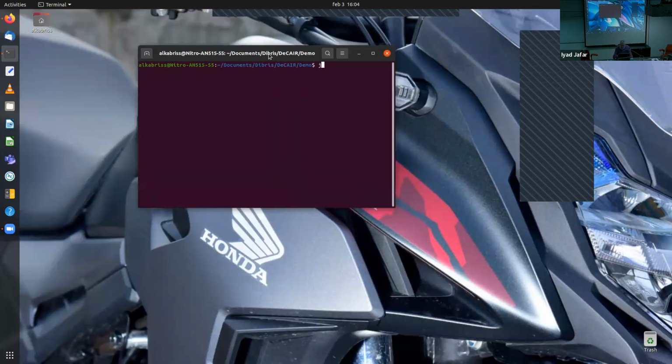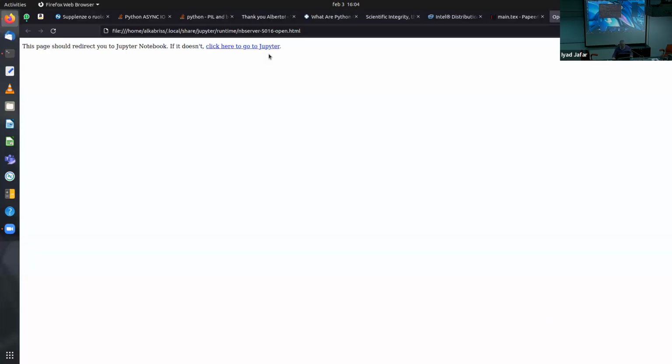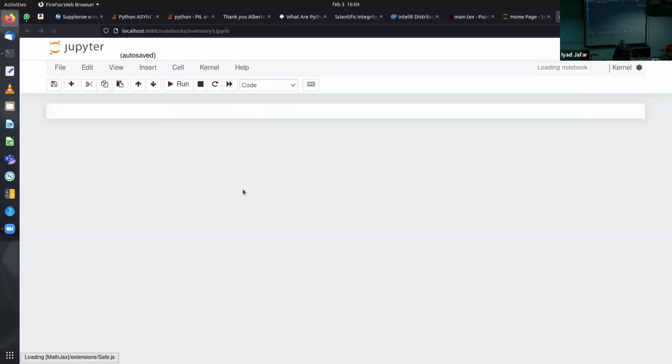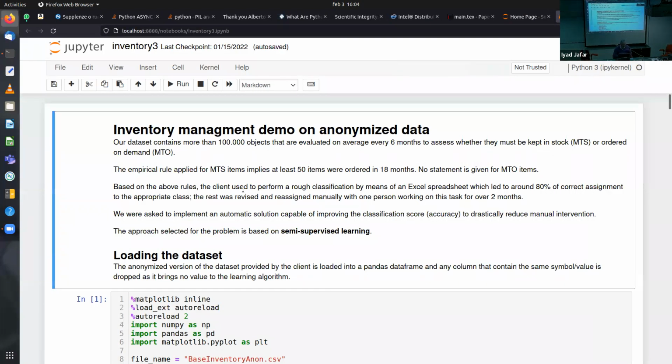Okay. This is on Jupyter Notebook. This demo is an application that we've been developing for a customer, in which we had to detect, well, it was an inventory management. They had the problem.